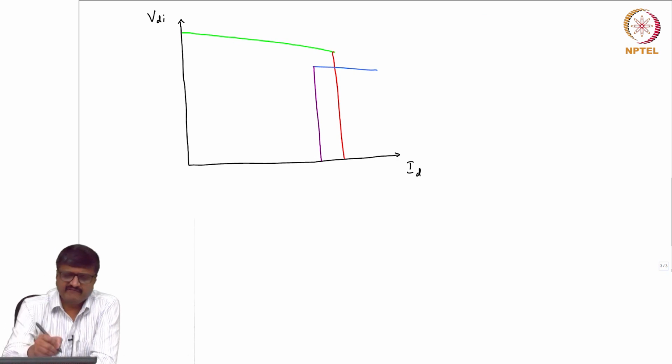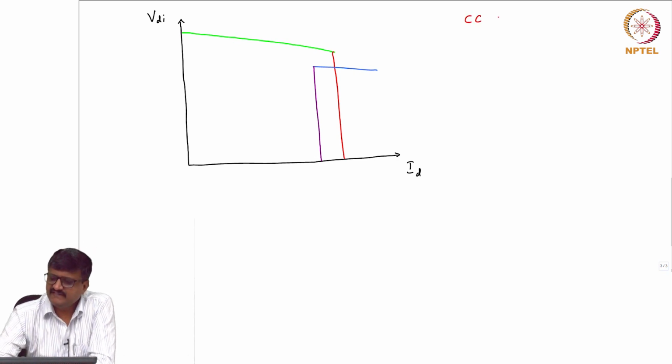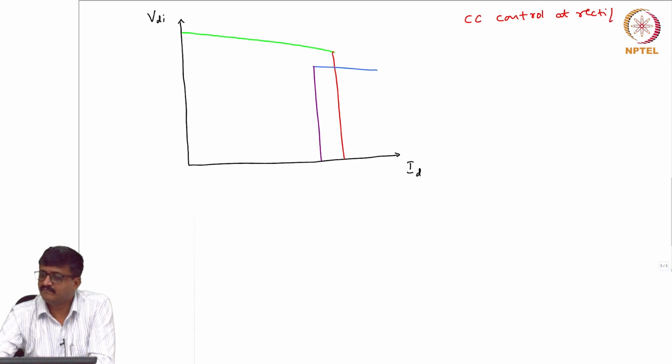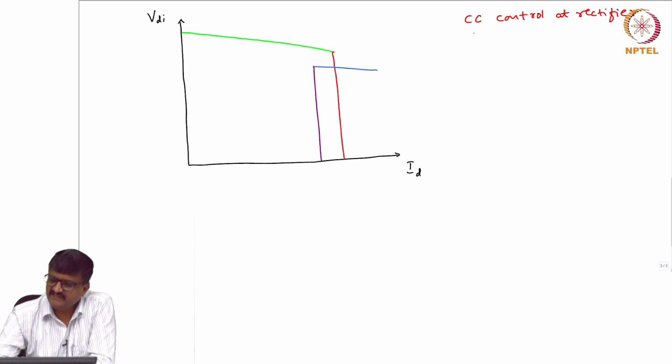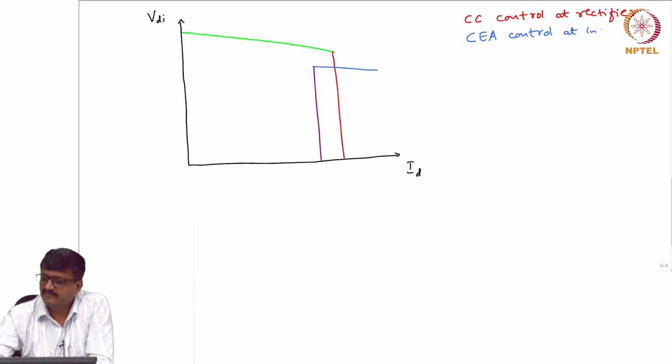So, please note the red one is CC control at the rectifier. Then the blue one is actually CEA control at the inverter.